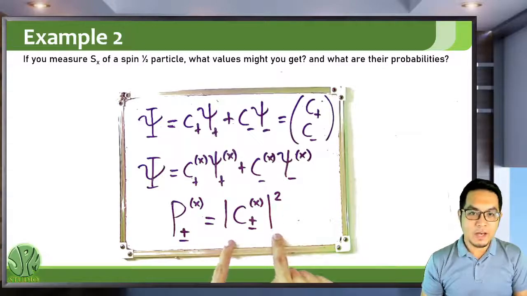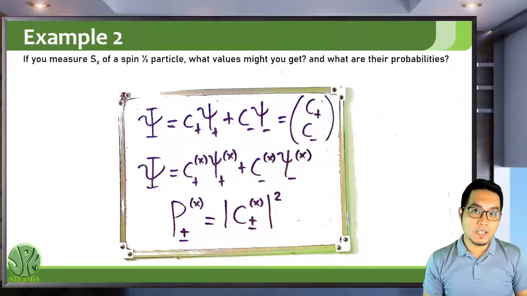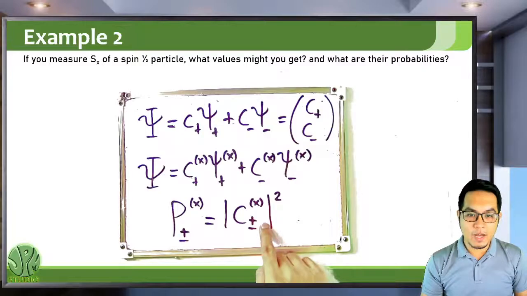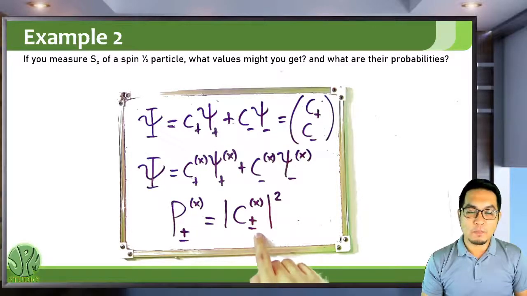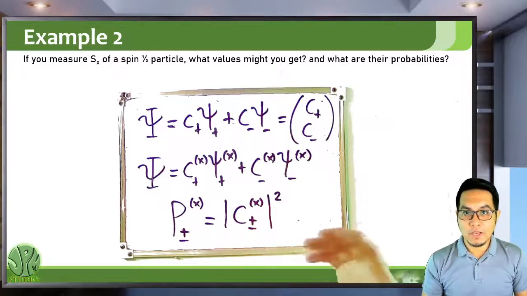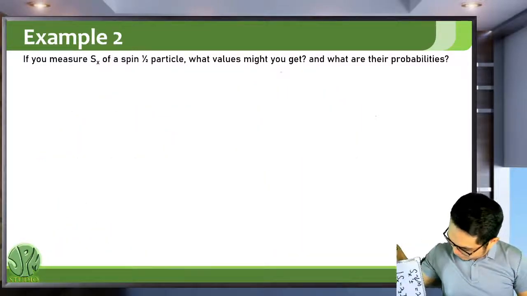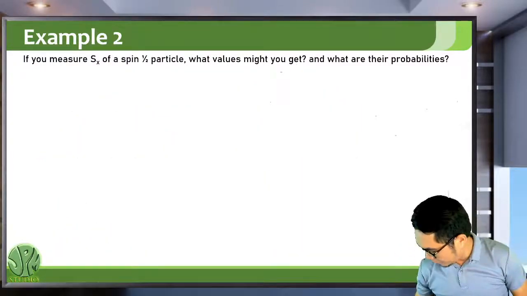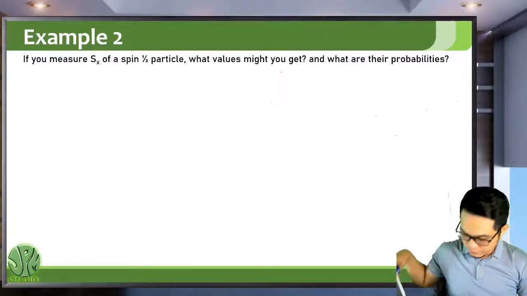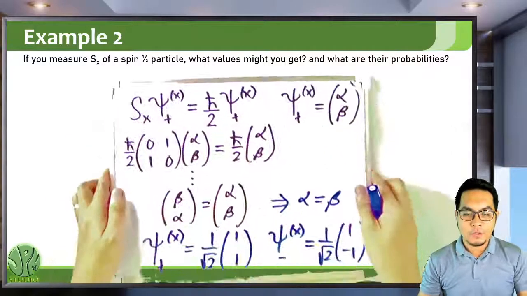This will give us the probabilities for getting plus h bar over 2 when you measure Sx, or the probability for getting negative h bar over 2 for measuring Sx. That is the bulk of the problem.